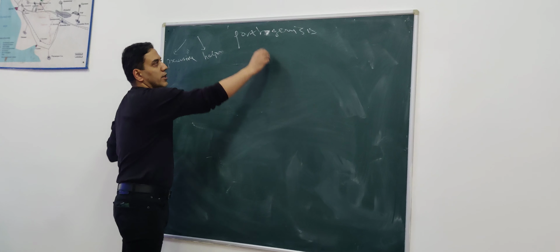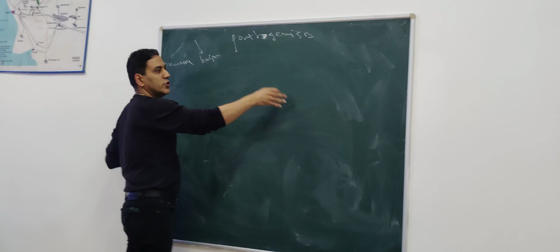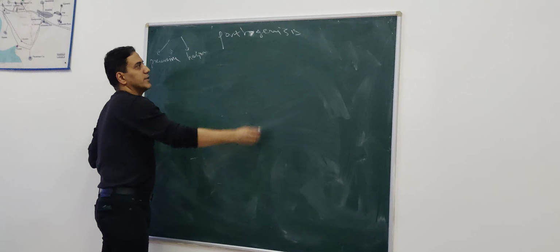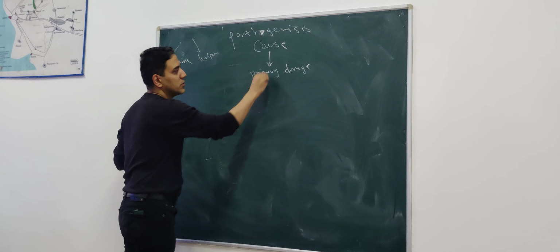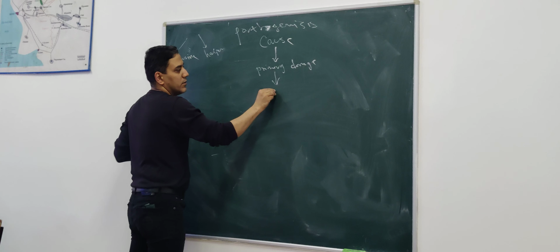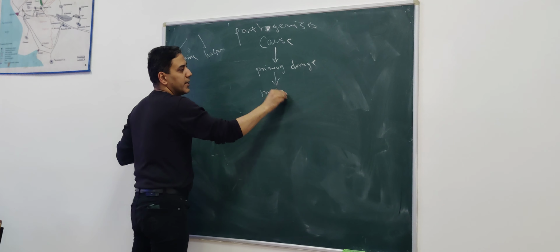I want you to know that any disease looks like this. The causative factor comes to our body, causing primary damage of our body. Then pathogenesis begins with main link number 1.